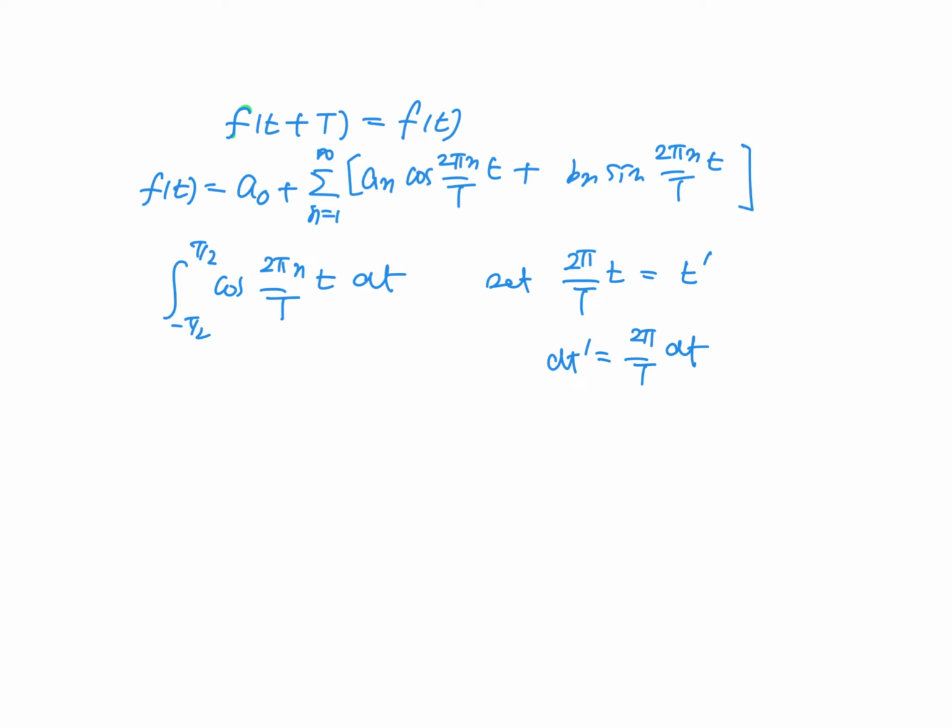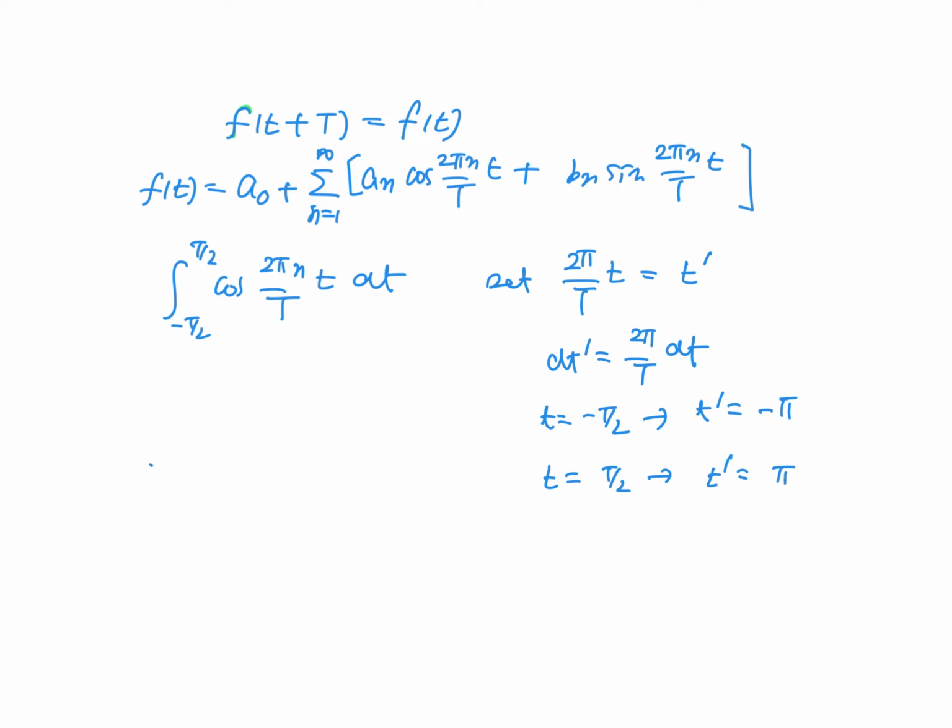So when t is minus T over 2, t prime is minus pi. When t is T over 2, t prime is pi.